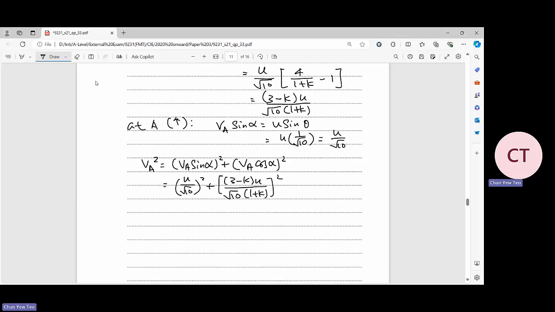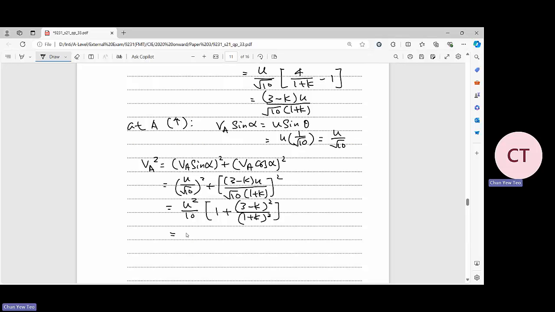You can see that we have the common factor, which is u over root 10. If you square it, you get u square over 10. So over here, I straight away factorize the u square over 10 out. Here I get 1 plus 3 minus k square over 1 plus k square.